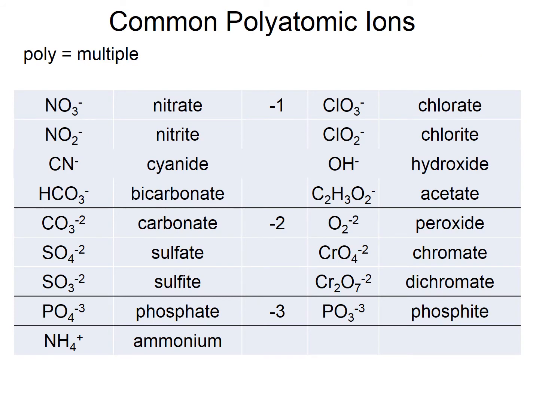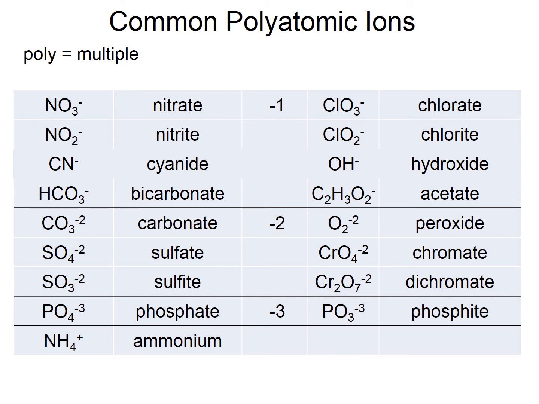Now, when it comes to the polyatomic ions, we have a slightly more confusing problem. What these are is a group of atoms combined together like a molecule. But unlike a molecule, they end up with an overall positive or negative charge.